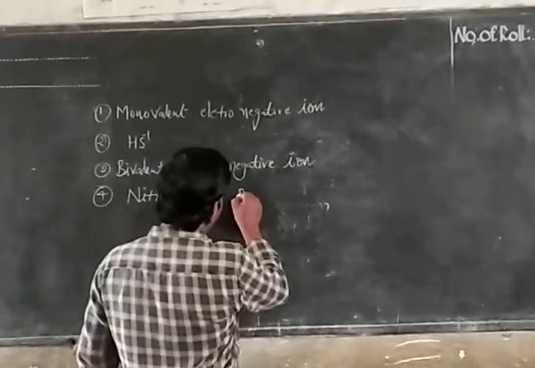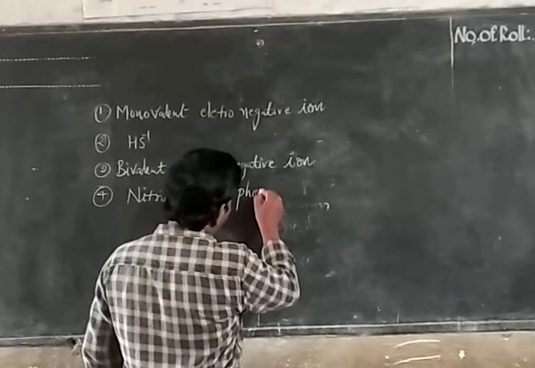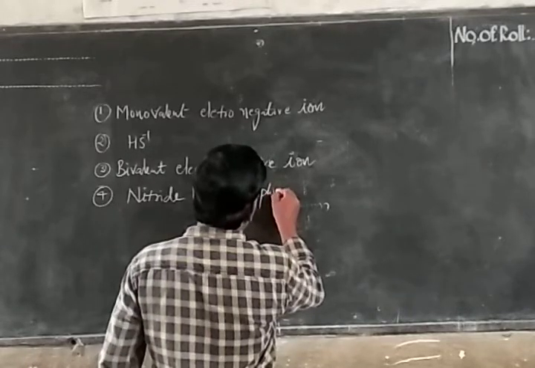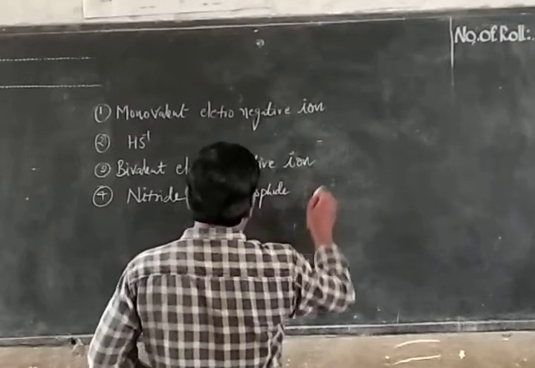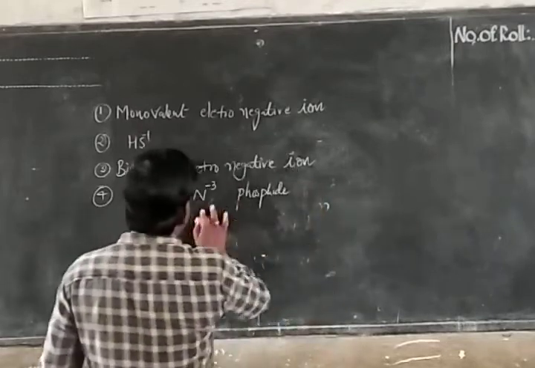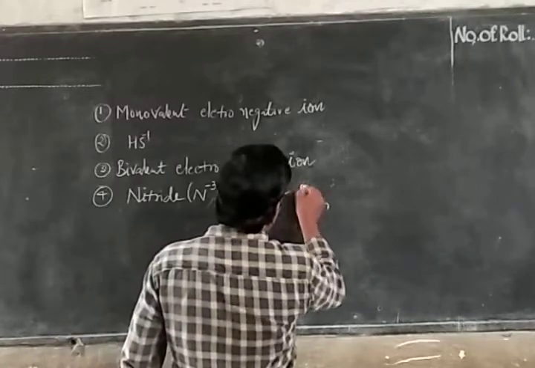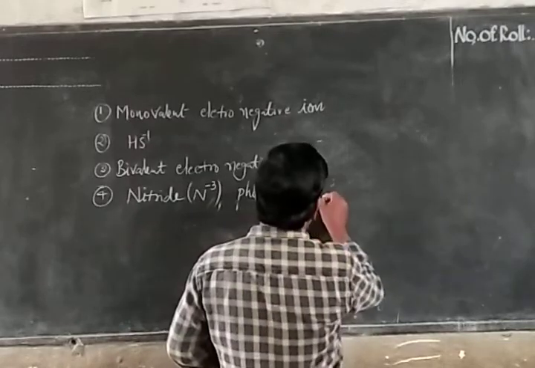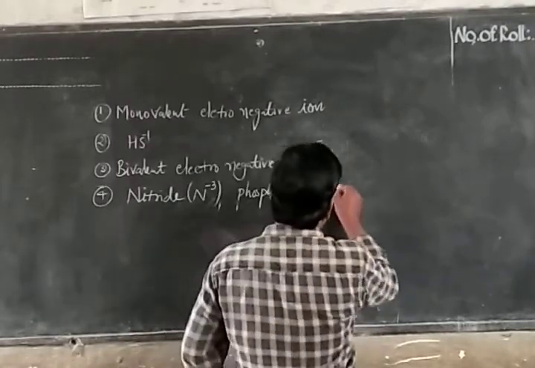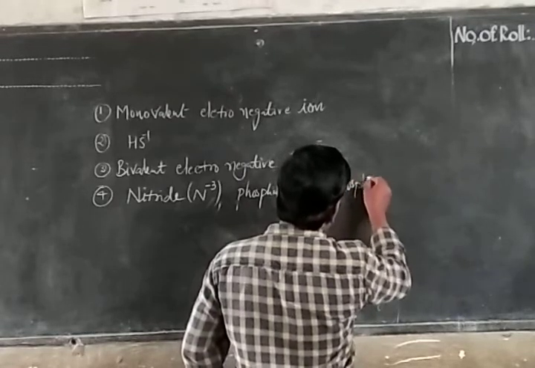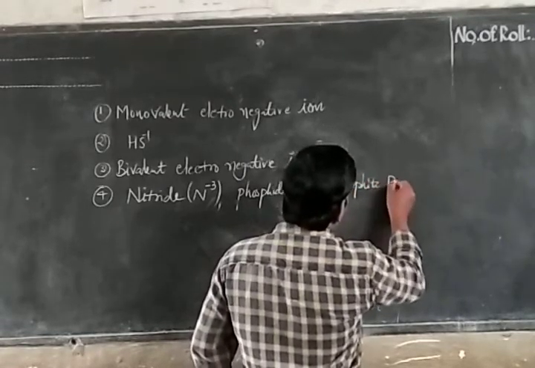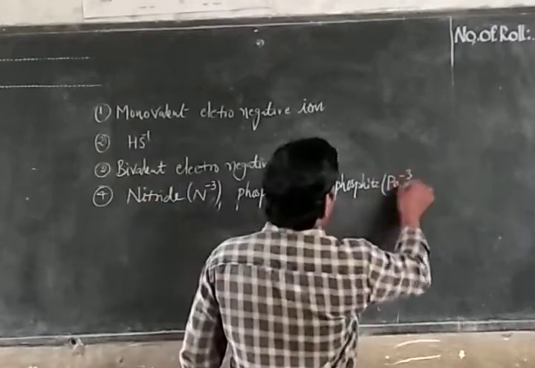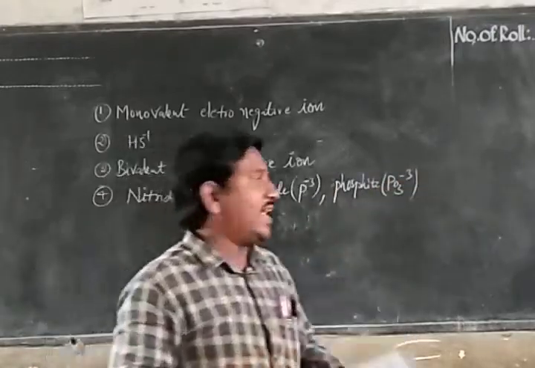Phosphide, P minus 3. And phosphate, PO4 minus 3. All these are trivalent.